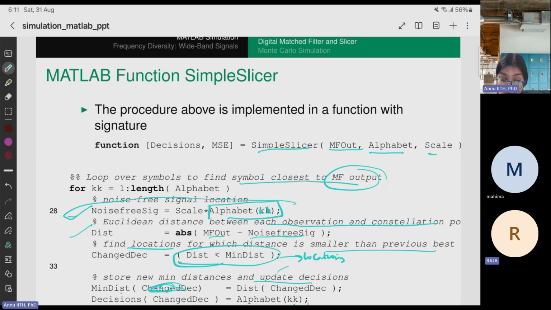What is the difference between Manhattan distance and Euclidean distance? Manhattan distance is the modulus of x2 minus x1, and Euclidean distance is the square root of the square of x2 minus x1. Yes, square root.